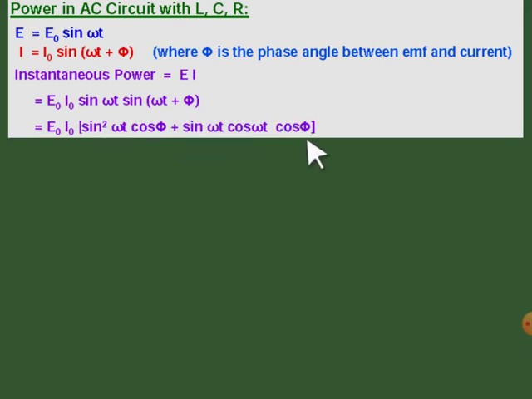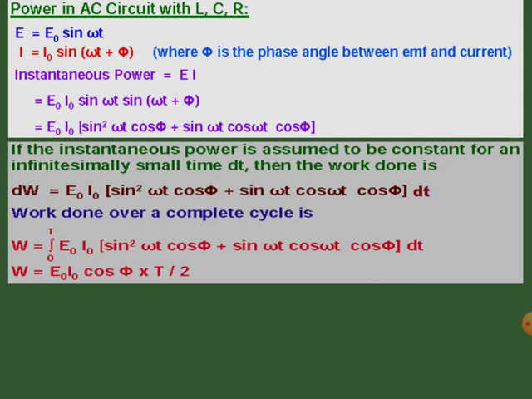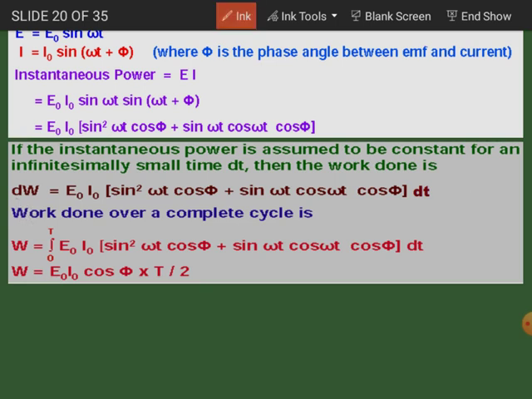Got it? Now if the instantaneous power is assumed to be constant for an infinitesimally small time dt, then the work done is given by dW. Power is defined as the rate of doing work.